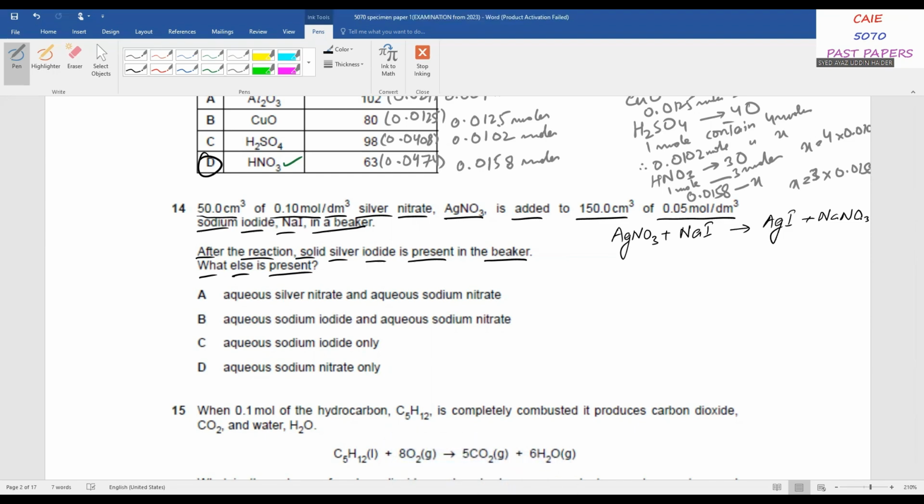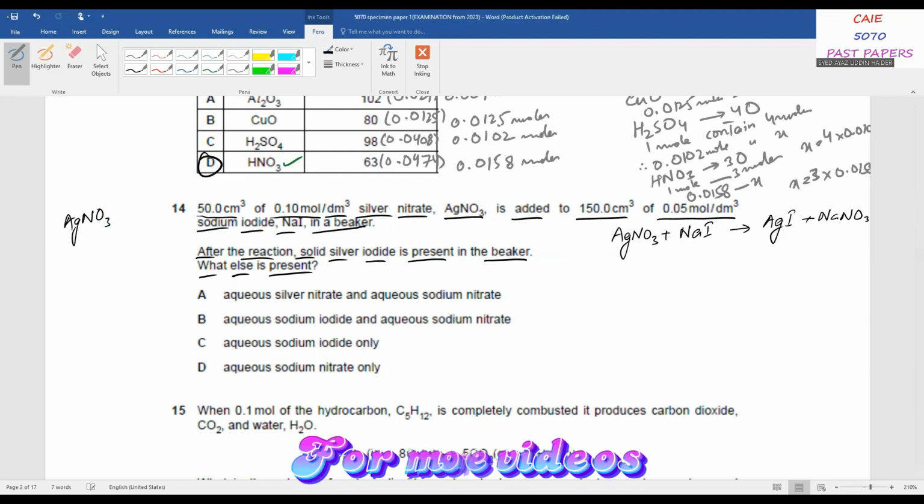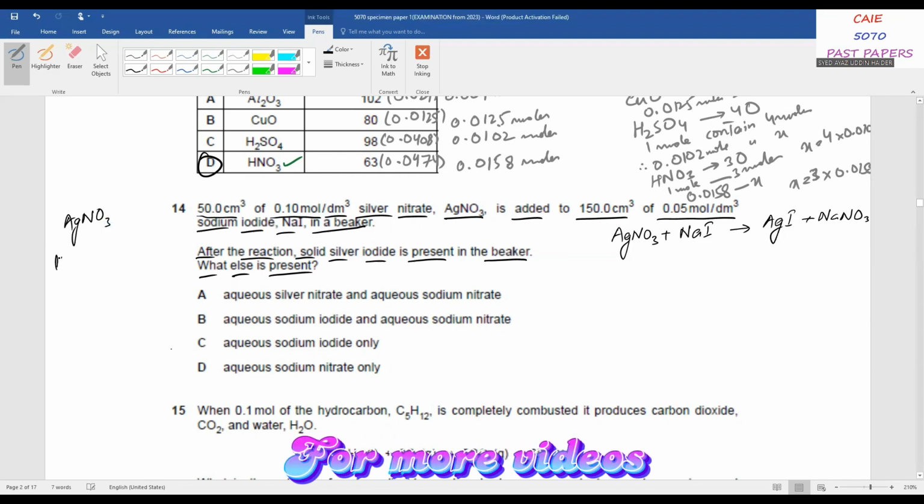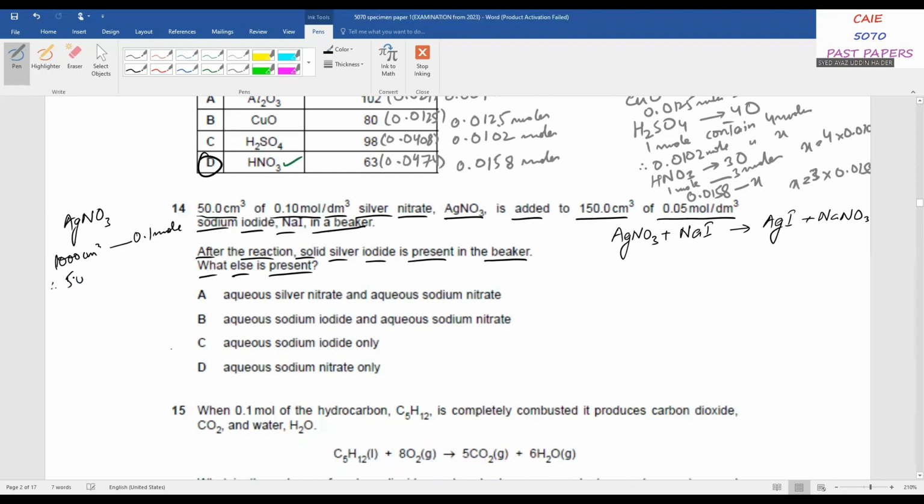So the volume and concentration for both silver nitrate and sodium iodide is given. So I'm going to convert this into moles for AgNO3 and NaI. For AgNO3, I'm doing it on the left hand side. 1000 centimeter cube contains 0.1 mole. Therefore, 50 centimeter cube contains X mole.